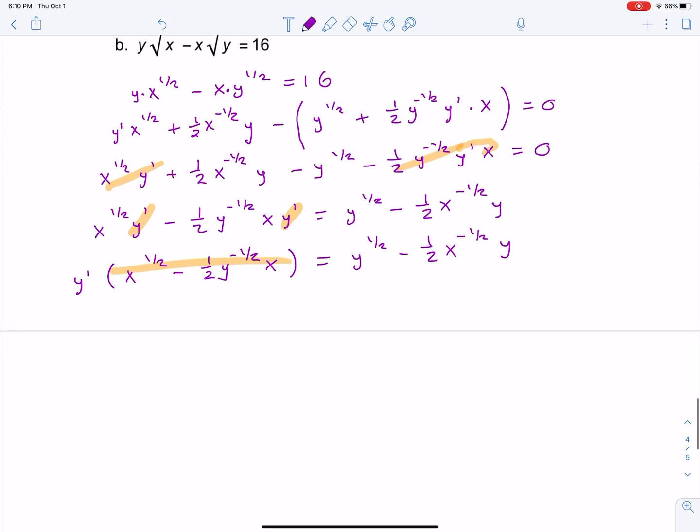So my final answer is going to be, what do we get? We get y prime equals the y to the 1/2 minus 1/2 x to the negative 1/2 y all over x to the 1/2 minus 1/2 y to the negative 1/2 x.